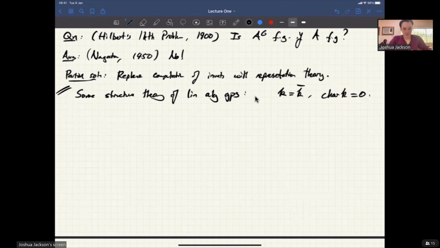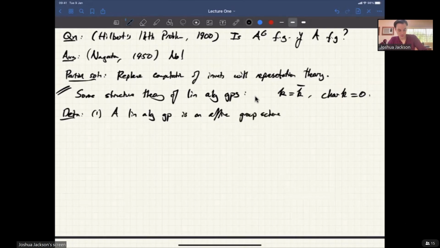Okay, so I said this in words before, but let me just write it down. What is a linear algebraic group? A linear algebraic group is an affine group scheme.